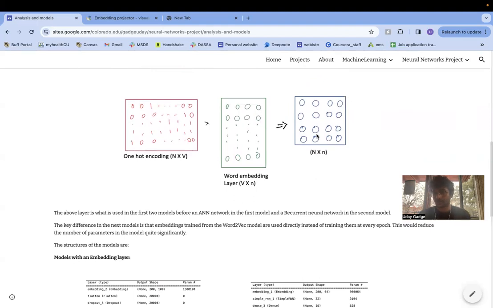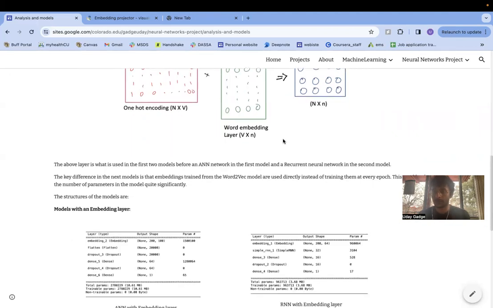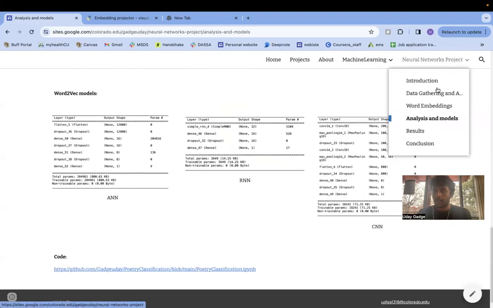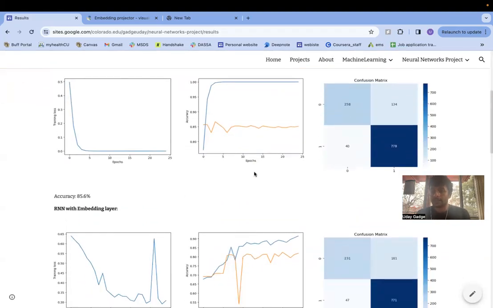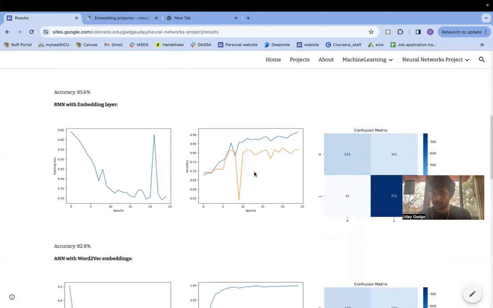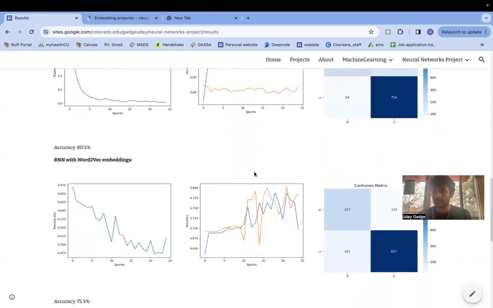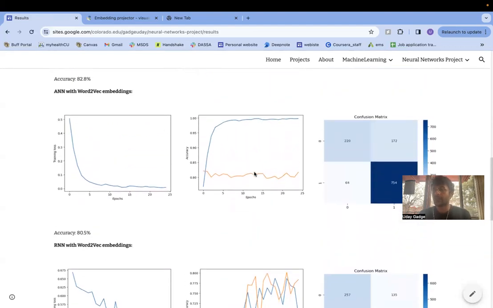The difference with using Word2Vec embeddings is that we don't have to get this embedding layer in between, because we already have the output for this, because the Word2Vec embeddings are generated and each word is already encoded with a vector.